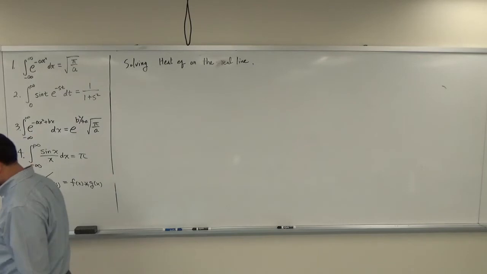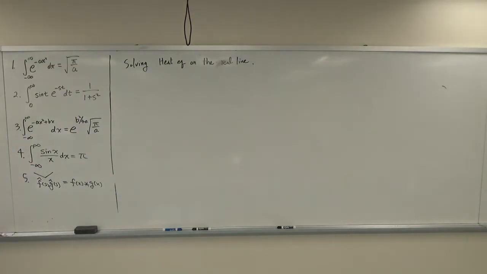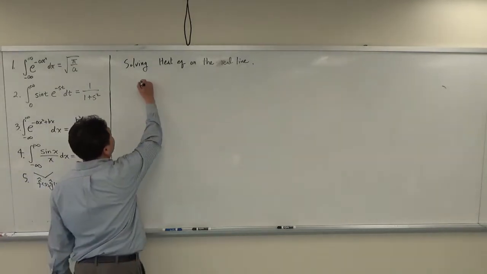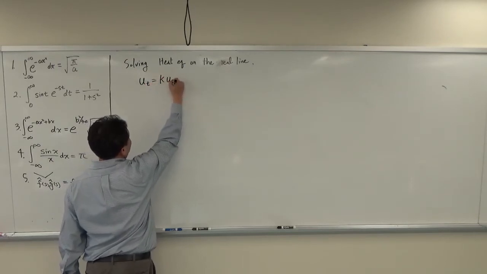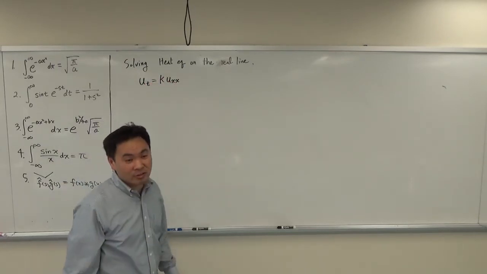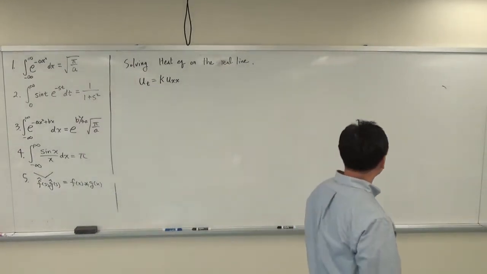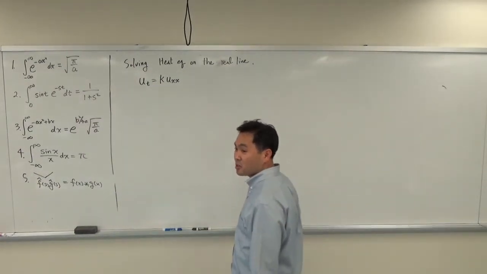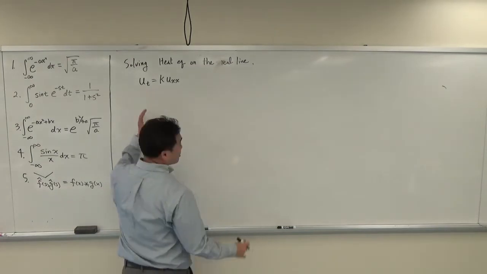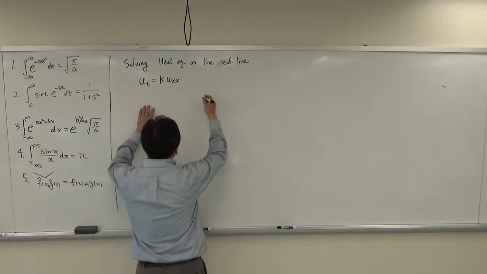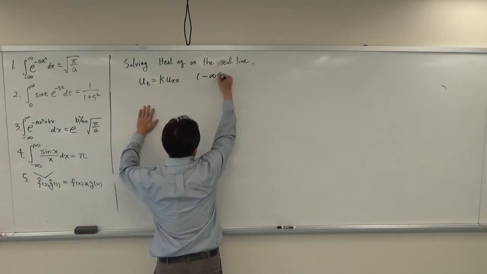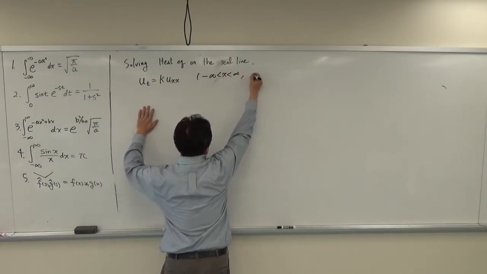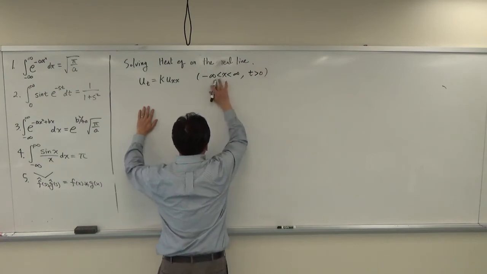So here's our assumption. We have ut equals k uxx, the heat equation. But instead of trying to solve this on a bounded rod, a small rod, we're going to assume that x is from negative infinity to infinity, and t is greater than 0.